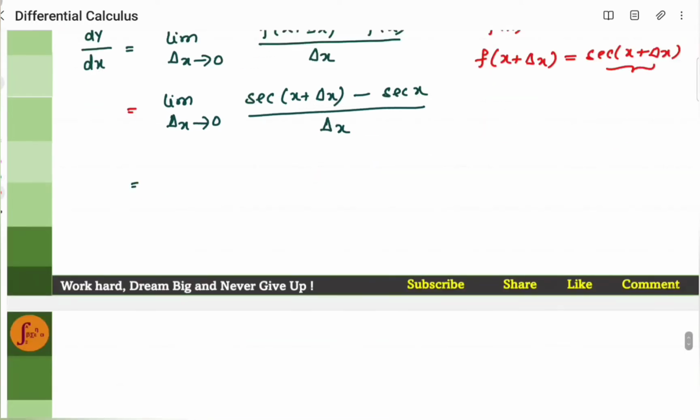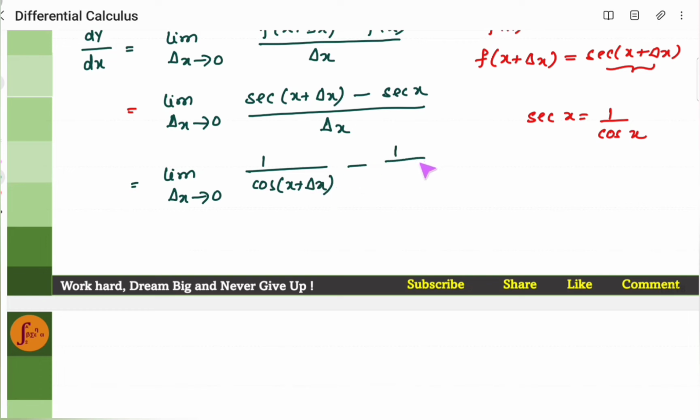Now I can write what is secant x? Nothing but 1 by cos x. So I'll write this as limit delta x tending to 0 of 1 by cos of x plus delta x minus 1 by cos of x, by delta x.